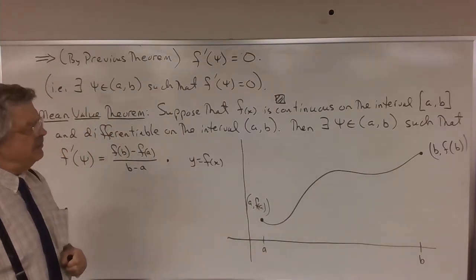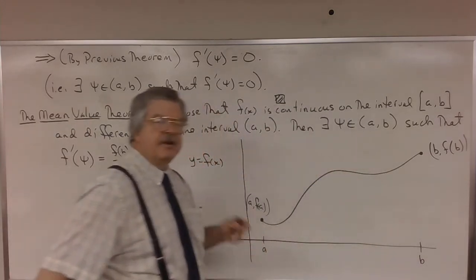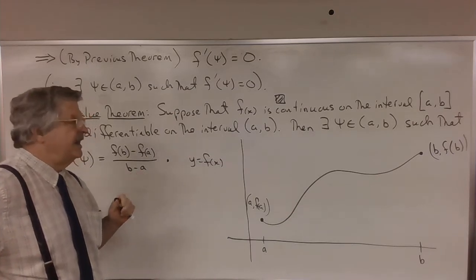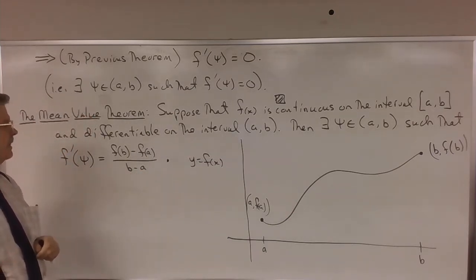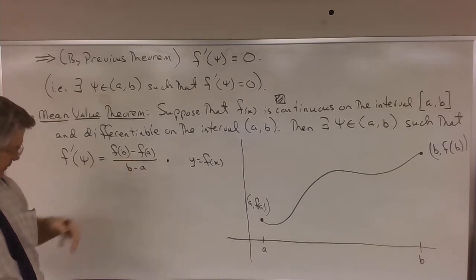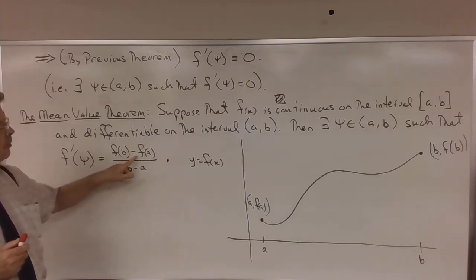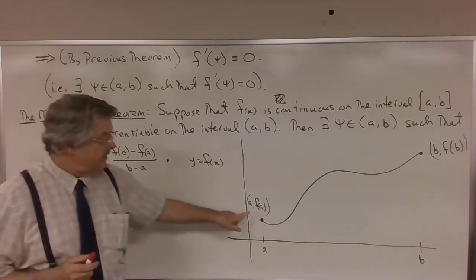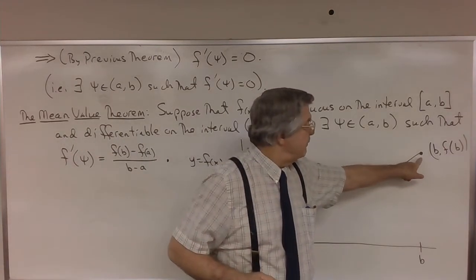The mean value theorem says that somewhere between a and b, there's some x value psi where the derivative equals this thing. And what we want to do is recognize what this thing is. This is the slope of a line that connects the point a, f of a and b, f of b.